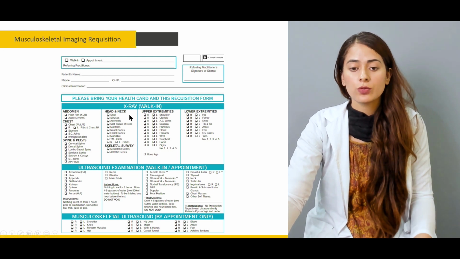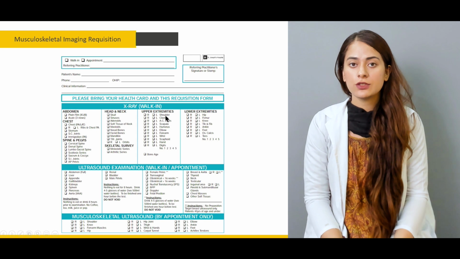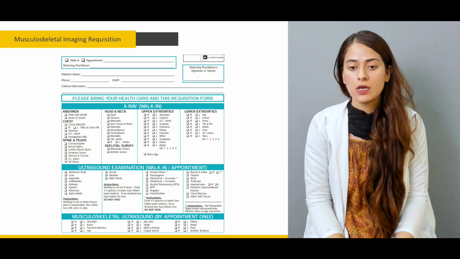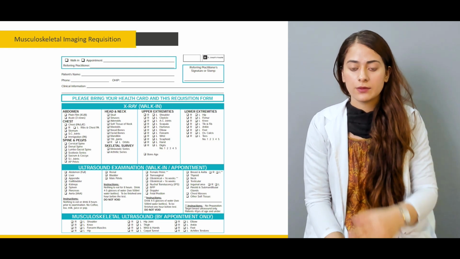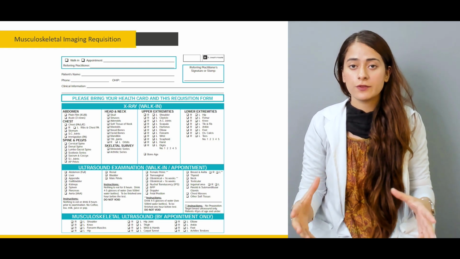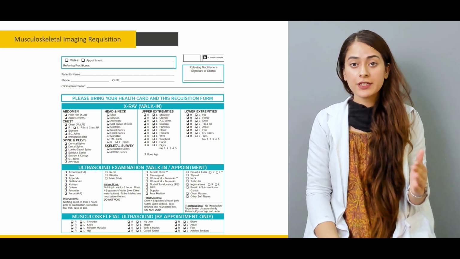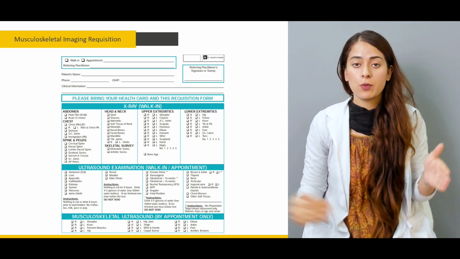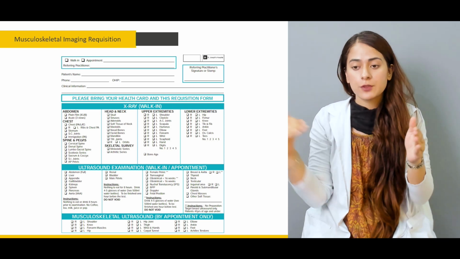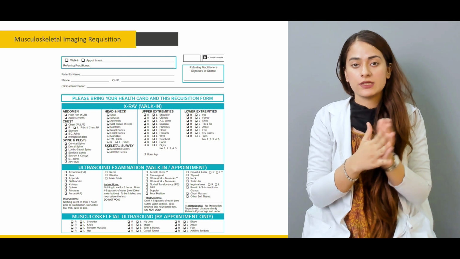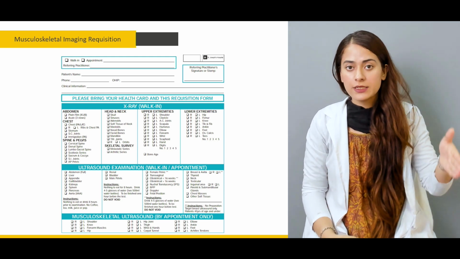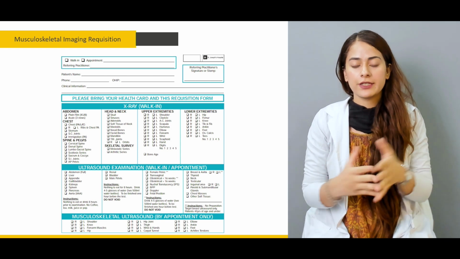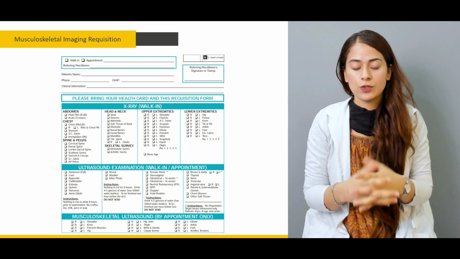To understand the different views, we need to understand the basic physics of X-rays, or the different components of the X-ray machine. There is a component known as the bucky, or the X-ray cassette, upon which the X-rays hit after passing through the body part or body segment. That is behind the individual, or the body part that is being viewed.